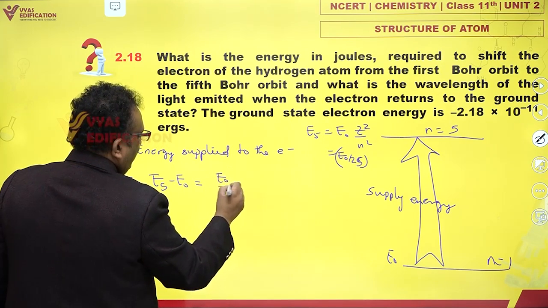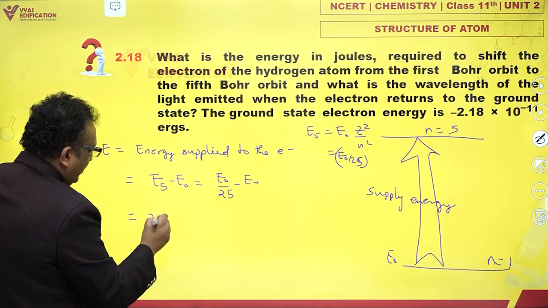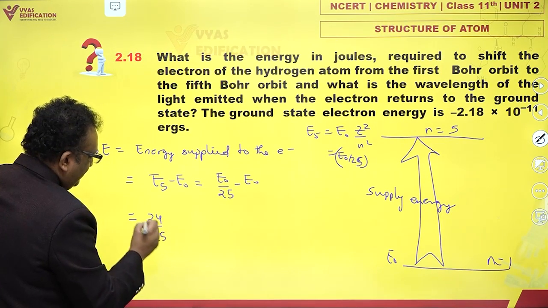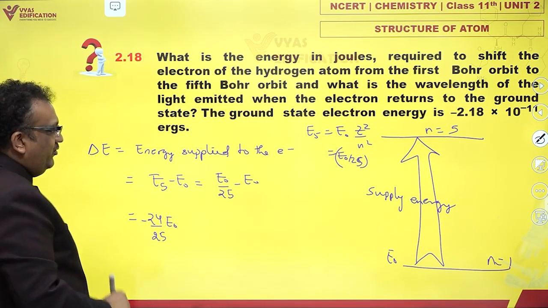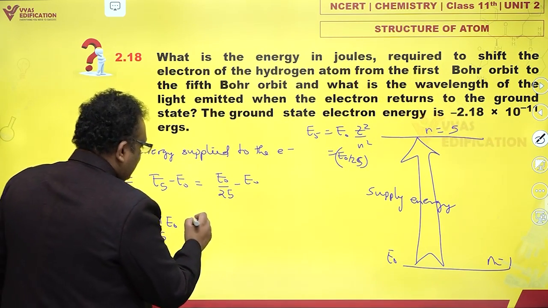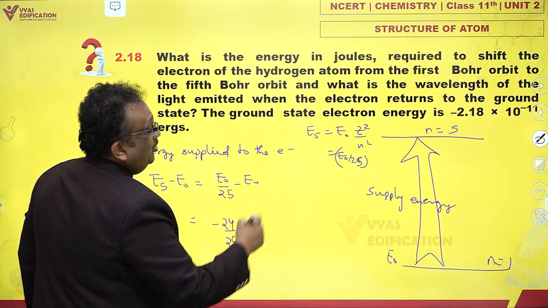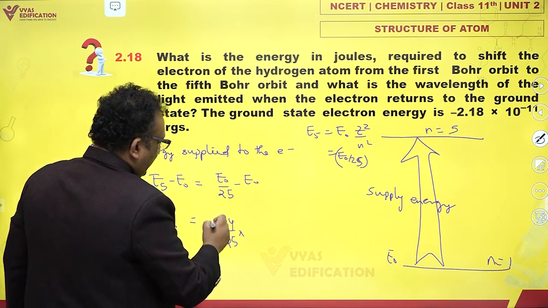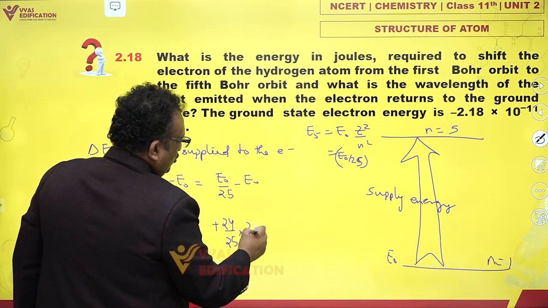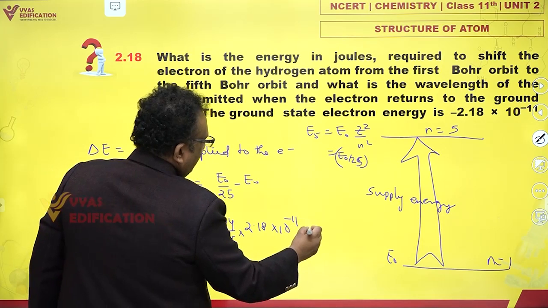E5 is E naught by 25 minus E naught, which is minus 24 by 25 times E naught. And how much is E naught? I am given E naught. This is minus 24 by 25 times E naught, which is again minus, so minus becomes plus 2.18 into 10 raised to minus 11 ergs.